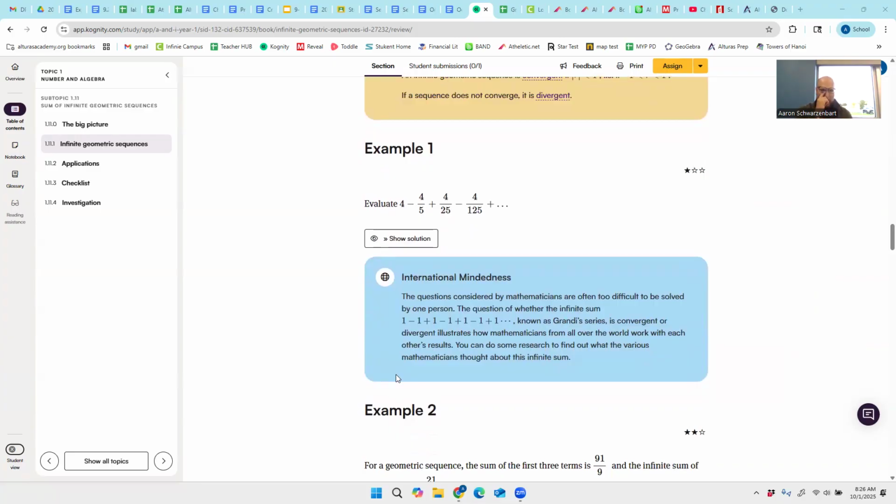Looking at this dot dot dot here at the end indicates that it's going to keep going forever. So I'm going to evaluate this sum. What is my common ratio? Negative 1/5. My bad. Okay, so 4 over 1 minus negative 1/5.